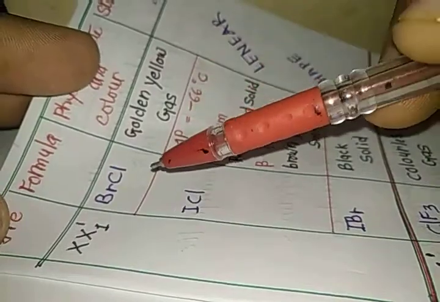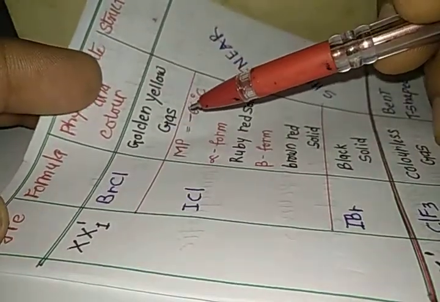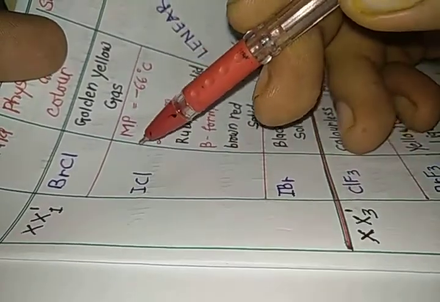We have BrCl, which is a golden yellow gas. The melting point of BrCl is minus 66 degrees centigrade, which is why it cannot be found in the solid state at room temperature.